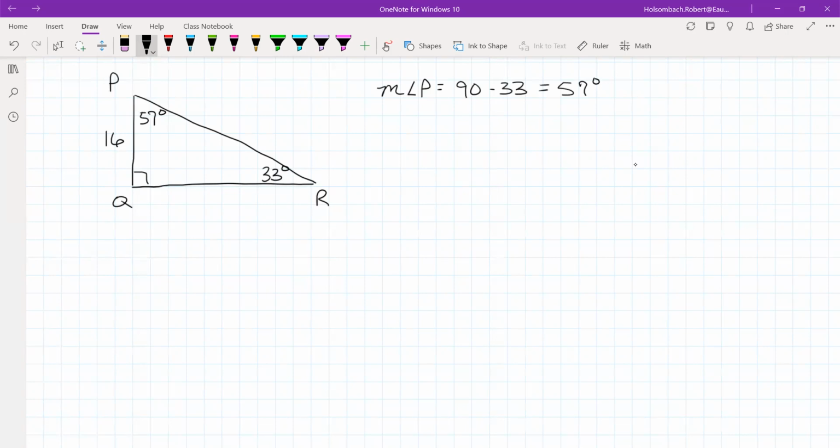Now you need two more sides of this triangle. So I'm going to use angle R. The 16, which is opposite, to find QR, which is adjacent. Opposite and adjacent, that ratio is tan. So tan 33 equals the opposite side, 16, over the adjacent side, which is QR.